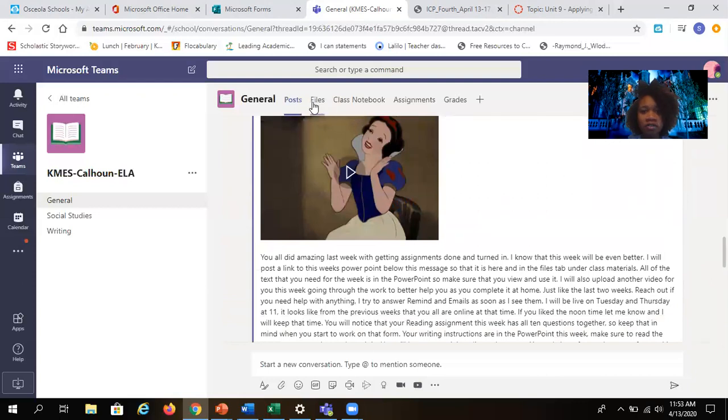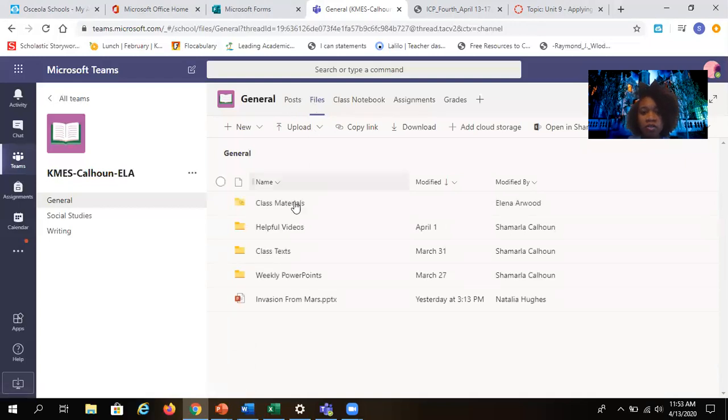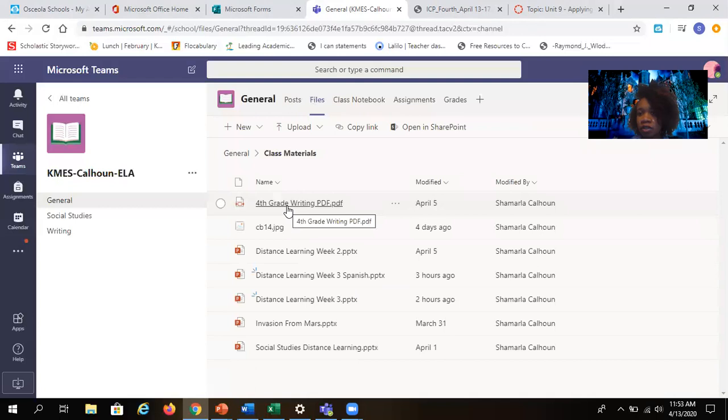So we're going to go to files. Once you go to files, you will go to class materials, which is where I'm putting everything now. I'm going to get rid of those other folders so you don't get confused. If you notice me looking in the corner, it's because my Zoom is over there, so I can see myself.